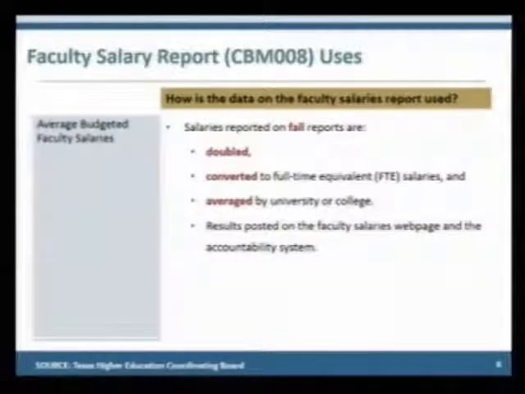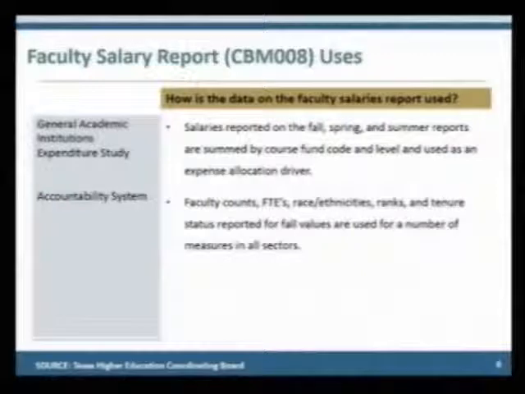The last thing we do is we average that by the university or the college. These results are posted both on our faculty salary website. I don't know if you've seen that. We have a page just for that with all of the reports, and it's also included in the accountability system. The next thing we use it for, which is probably more important because it relates to money, the general academic institutions use it for their expenditure study.